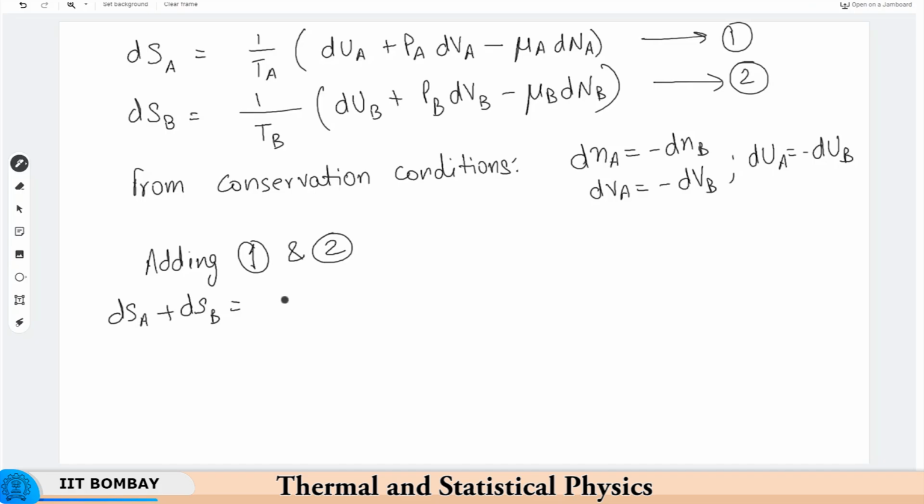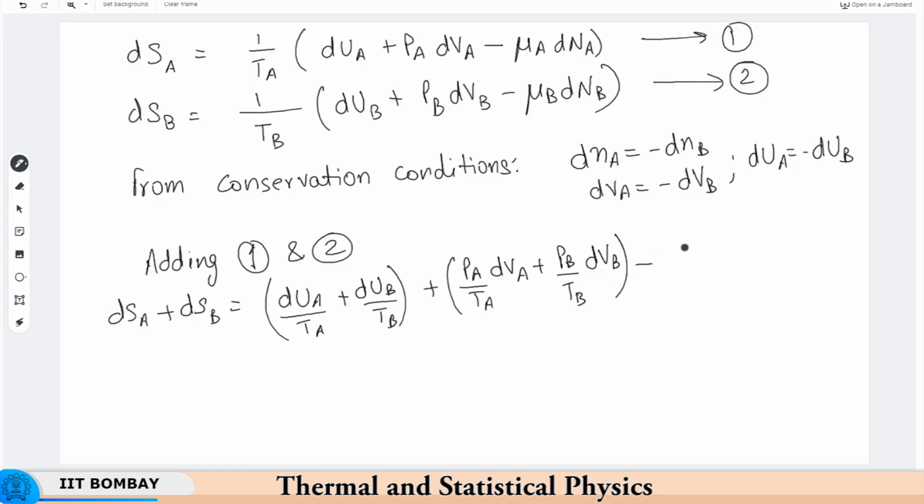dU_A by T_A plus dU_B by T_B, that is the first term, plus P_A by T_A dV_A plus P_B by T_B dV_B, minus mu_A by T_A dN_A, this is small n, plus mu_B by T_B dN_B, right.